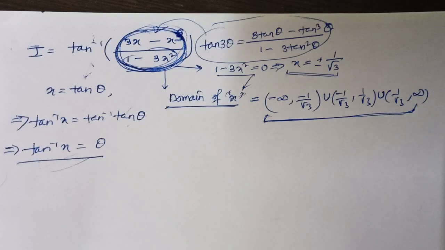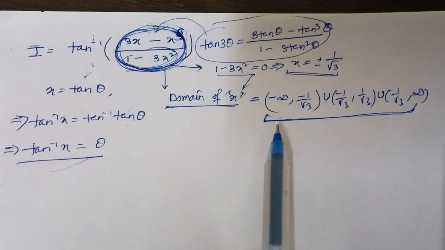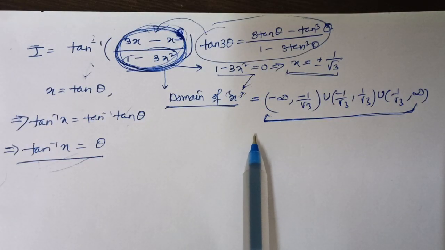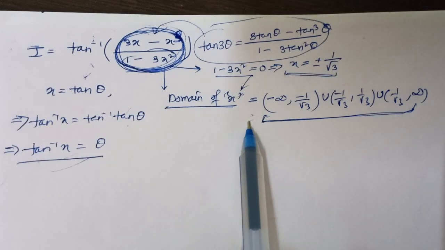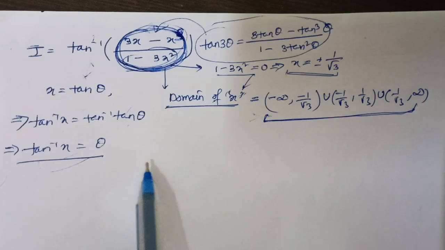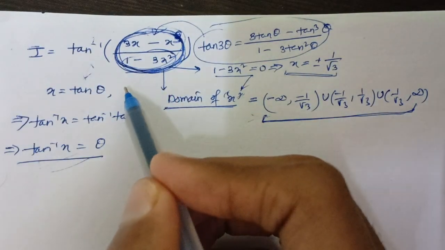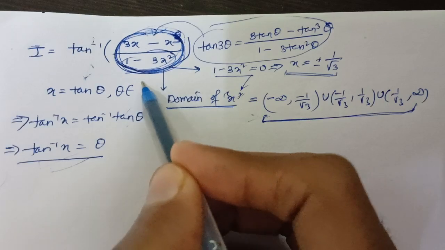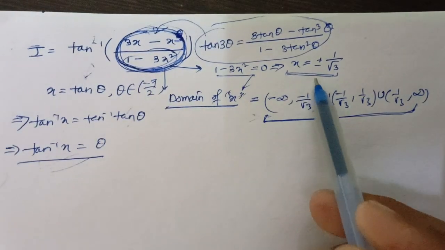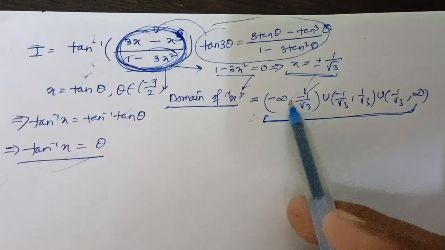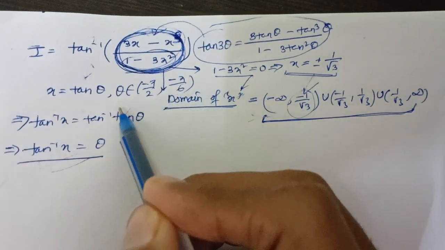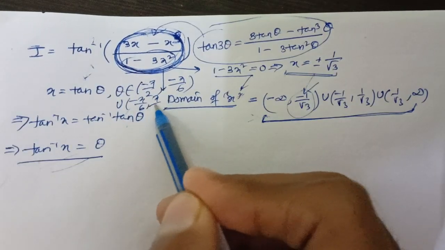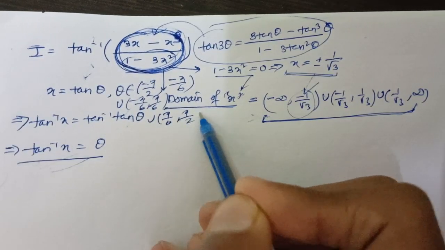I like to choose my theta from minus pi by 2 to pi by 2, while also keeping in mind that the theta I choose will allow me to access all these x values. Therefore the interval of theta that I'm going to choose is from negative pi by 2 to negative pi by 6, union negative pi by 6 to pi by 6, union pi by 6 to pi by 2.